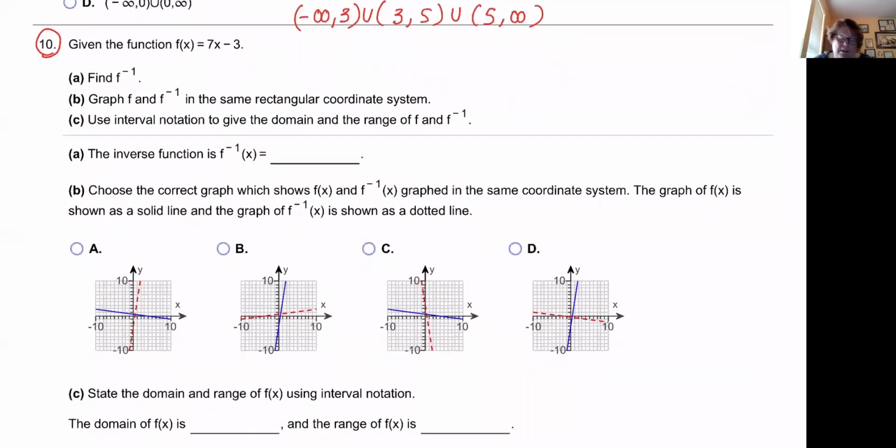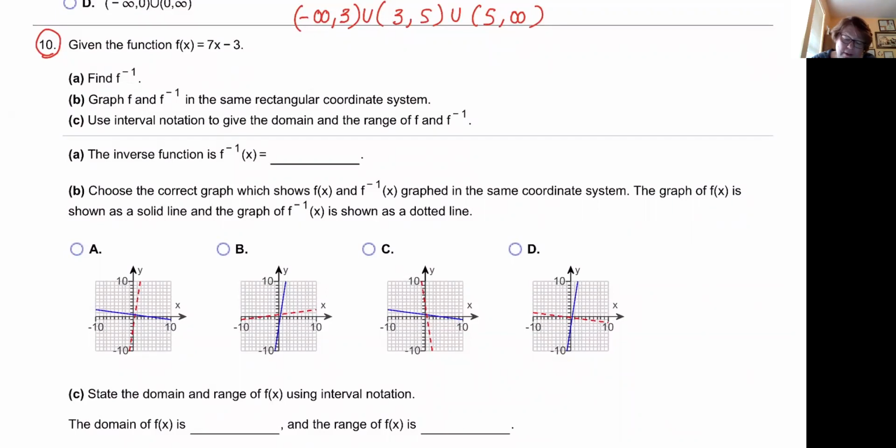All right, problem 10 is the next problem we're going to do, finding the inverse of a function. So first of all, find the inverse. To find the inverse of a function, the first thing you do is just rewrite this. Instead of using f of x, you use y. F of x and y are the same thing.